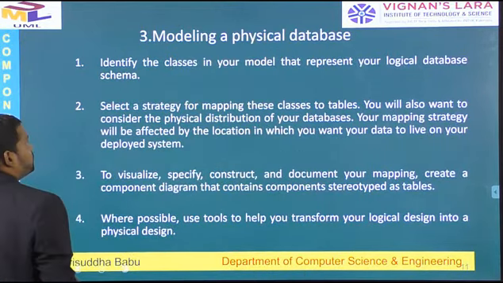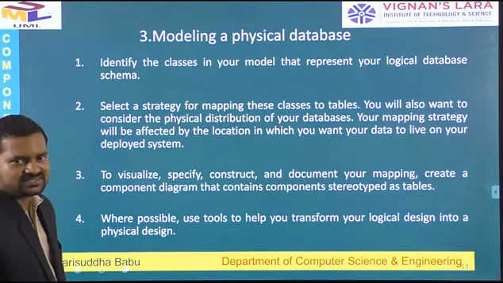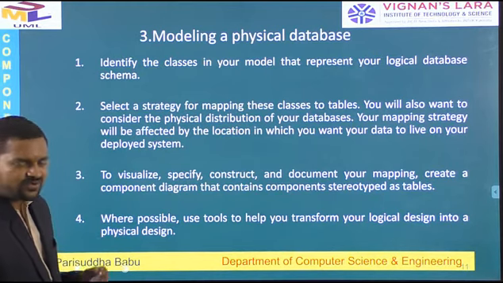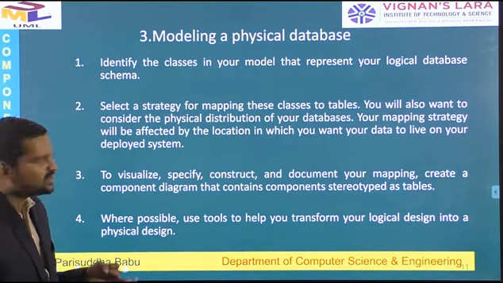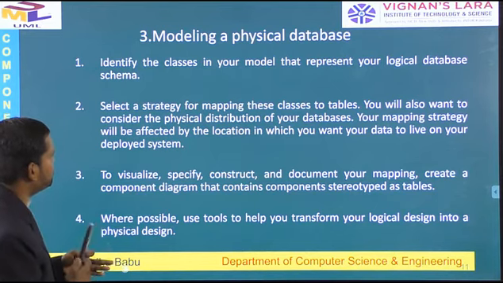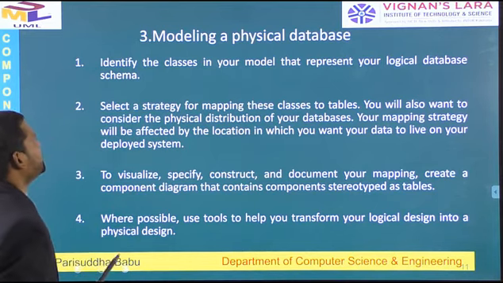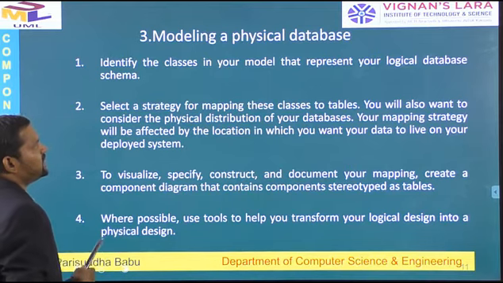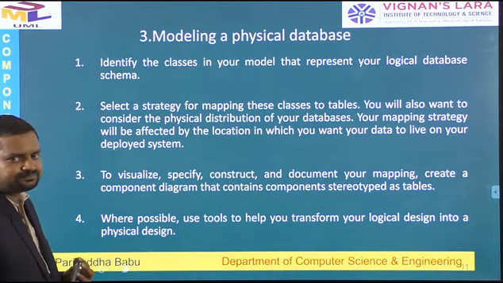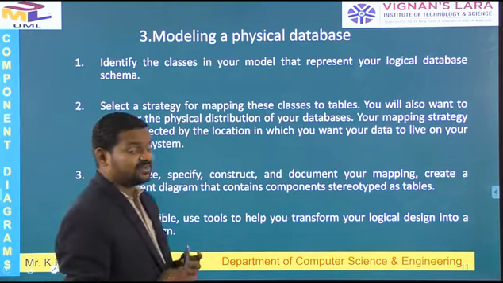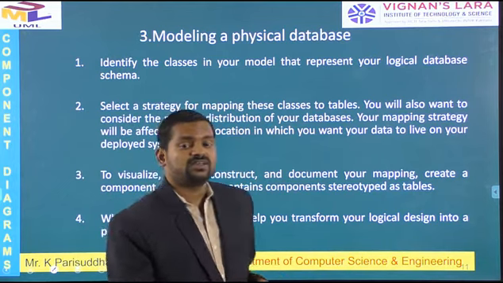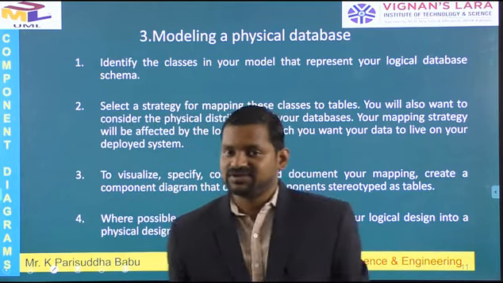Next, modeling a physical database. We modeled the software, and after that the releases. After that the physical database should be modeled. Identify the classes in your model that represent your logical database schema. The physical database is the data which we have to store in our system.